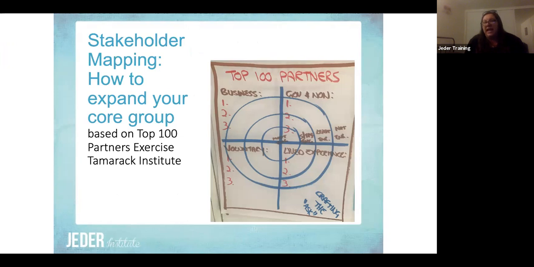So if you're looking at those 4 quadrants, business, government, non-government, voluntary, and lived experience, and thinking that our central focus is, say, homelessness, then each person in the core group, let's say it's the 8 or 9 of us, writes down everyone we know in the area in business, everyone we know in government and non-government, everyone we know who volunteers in the local area, and everyone with lived experience.